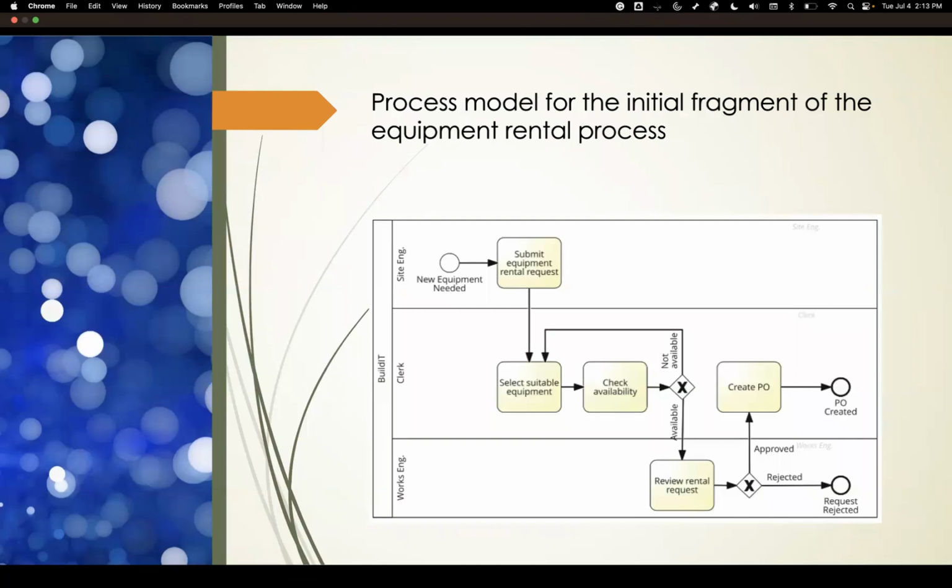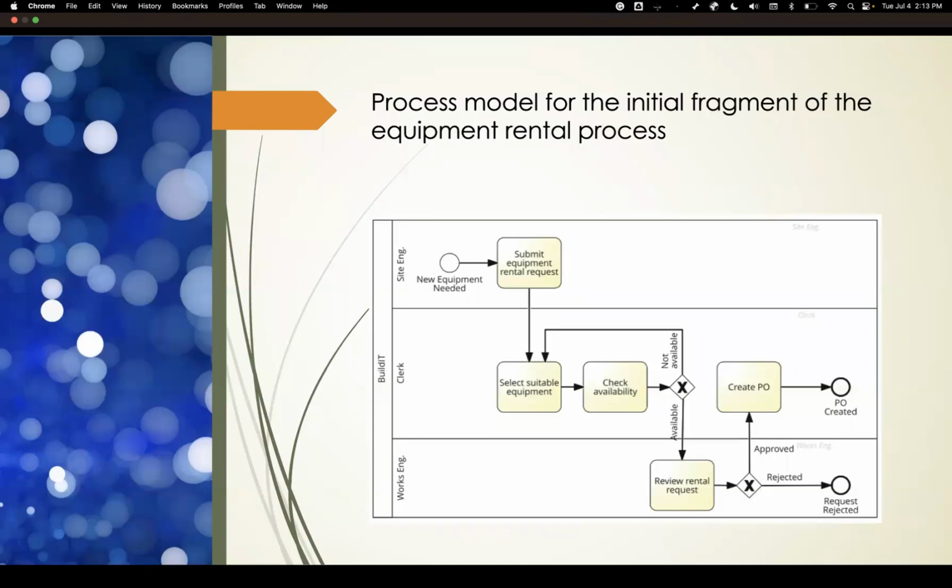Hence, the flowchart is divided into so-called swimlanes, which denote different organizational units. An example is different departments in a company, as you can see in this slide.